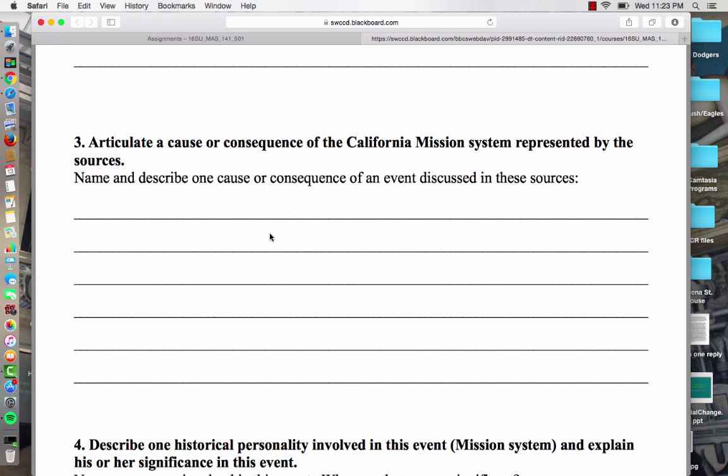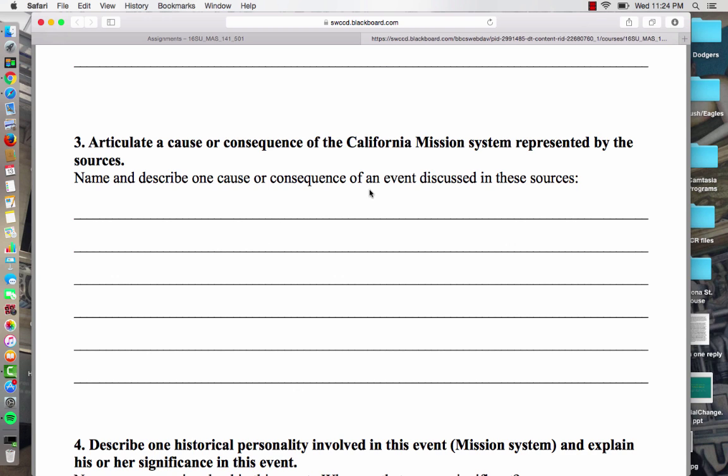So of the four sources that you have seen, please tell me about something which leads to the origins, that is the development of the mission system, or what is a consequence of the mission system.